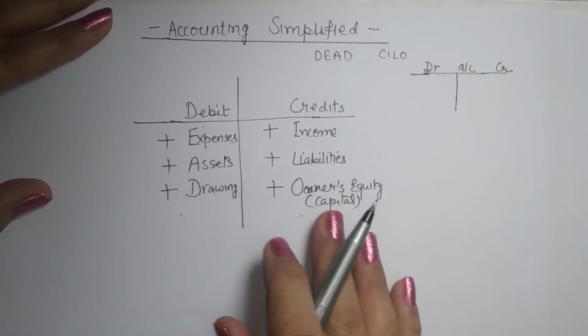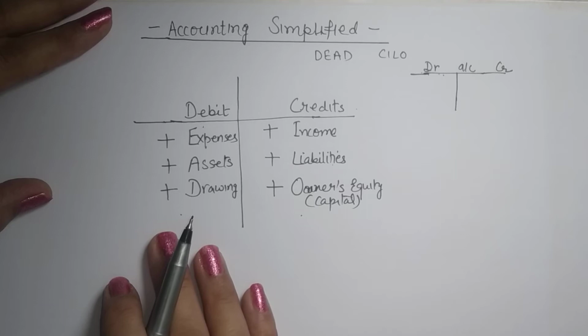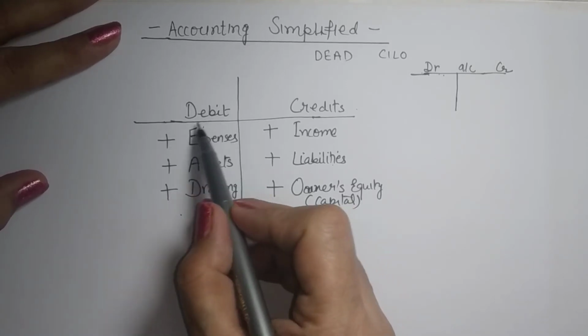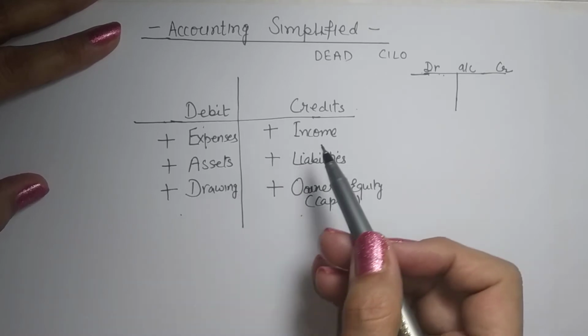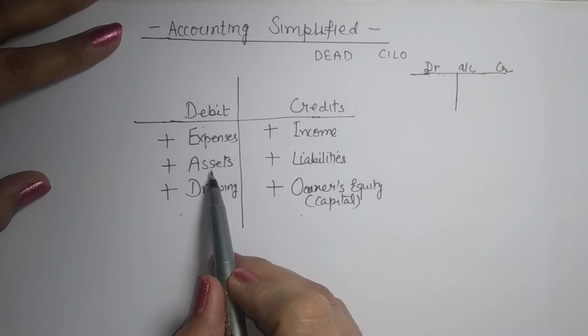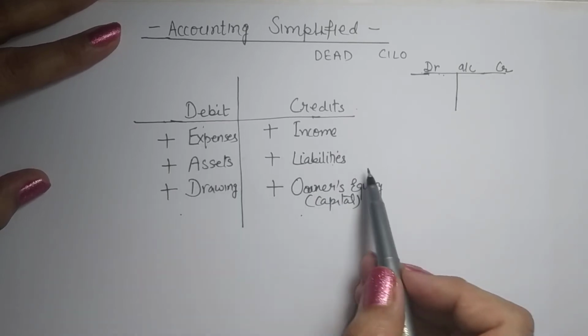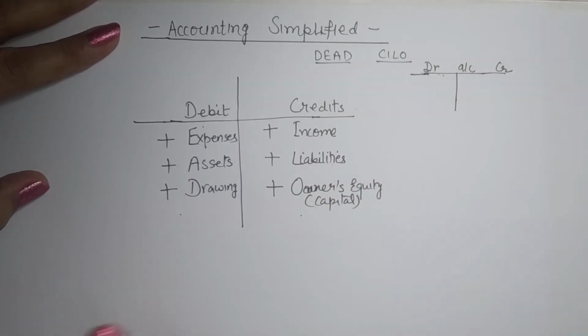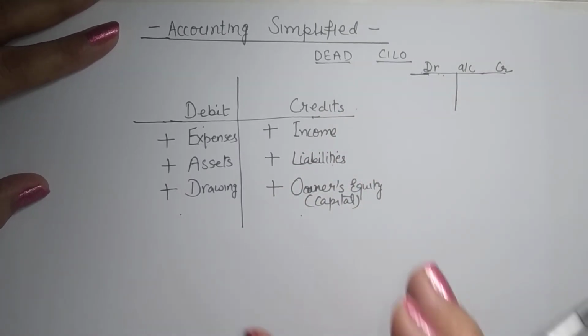These are just to show the positives. It also means that if there is a decline in these, then it will be credited. If your asset is increasing, it is debited, but if your asset is decreasing, it is credited. While making an entry, you can remember this phrase and you will never falter on what to debit and what to credit.